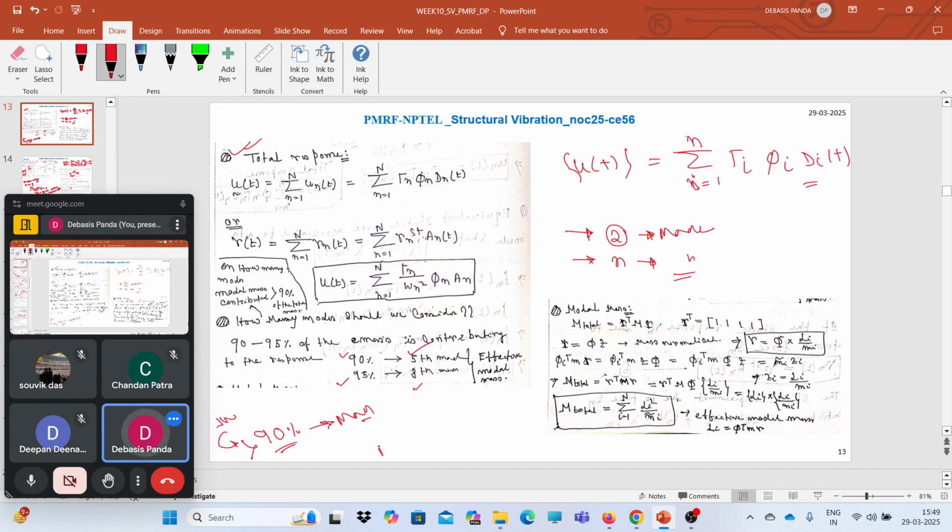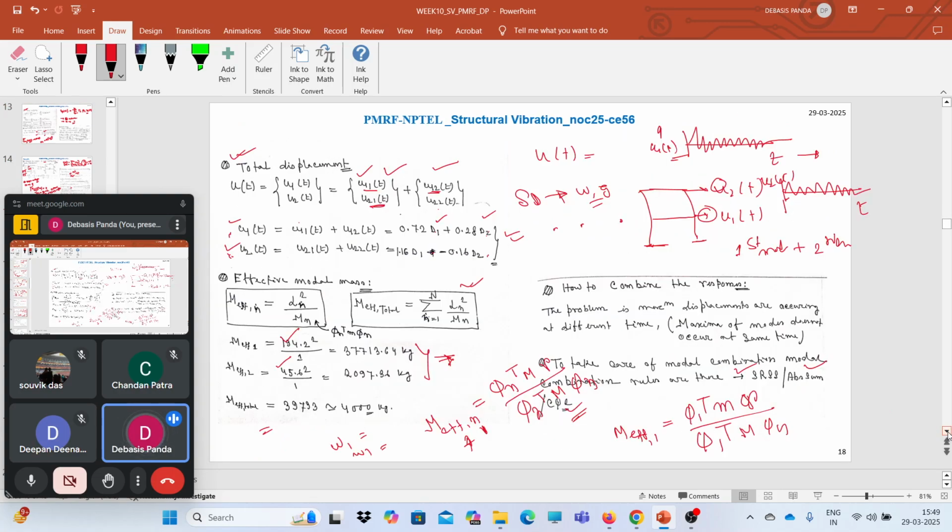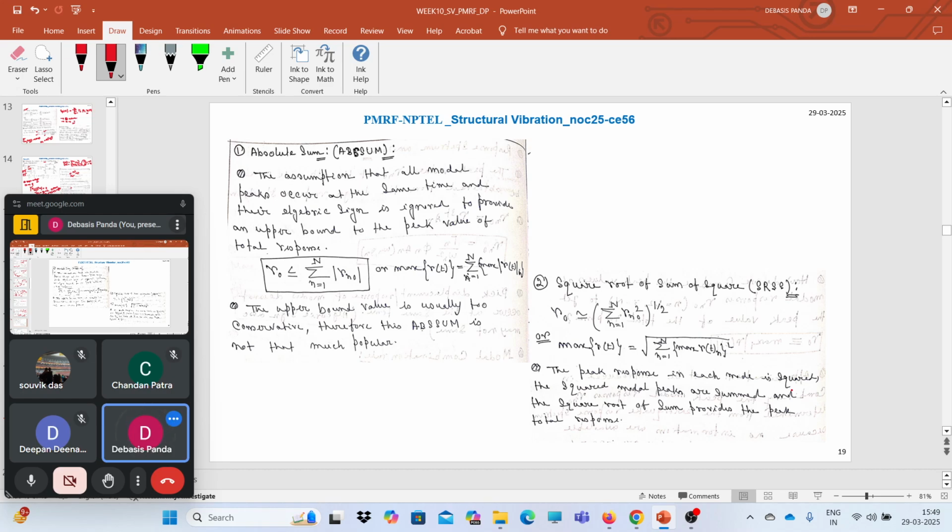So modal mass is nothing but what we have seen, Mi is nothing but phi transpose M r. We can easily calculate the modal mass like this. So here we have already calculated the modal mass, and now let's find out how we can add the responses to get the total response.